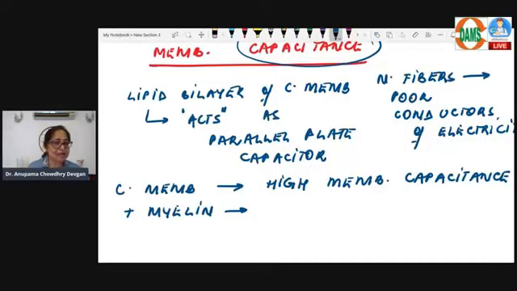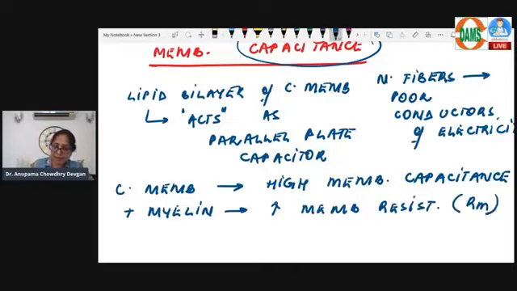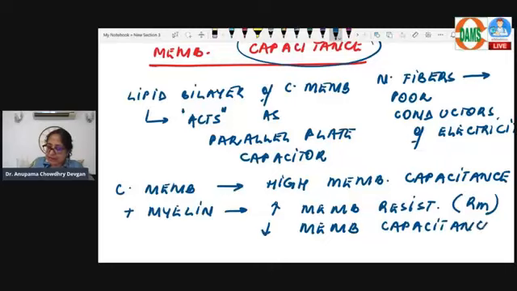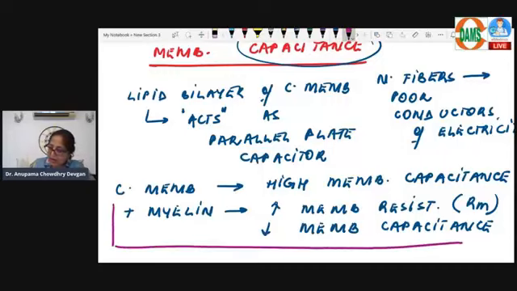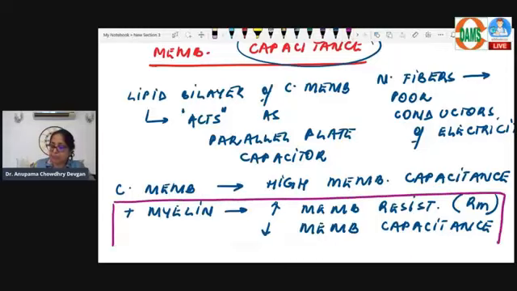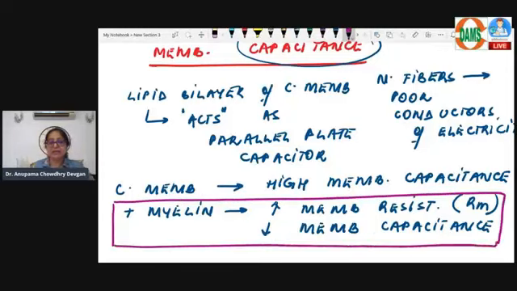But the moment you add myelin, you increase the membrane resistance, Rm, which I have just discussed with you, but you decrease the membrane capacitance. When you add myelin, you are increasing the resistance, but you are decreasing the membrane capacitance.